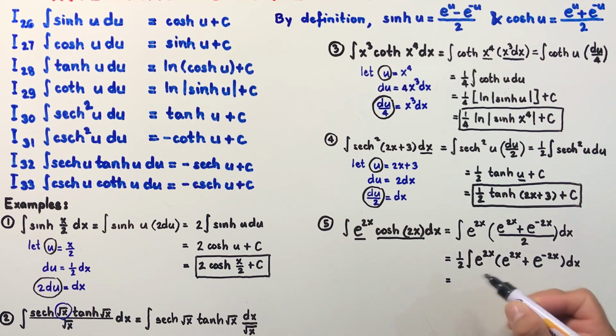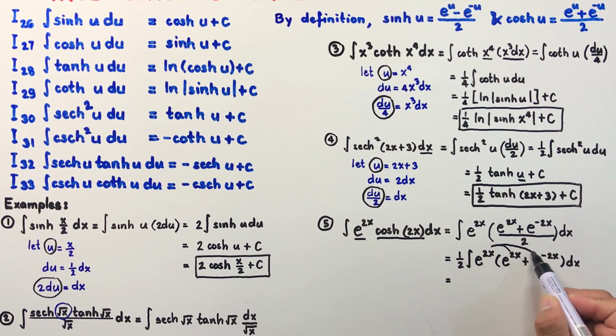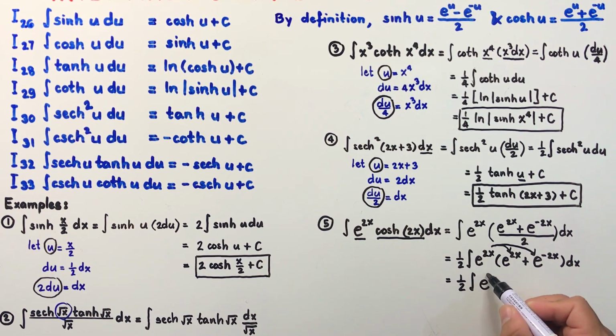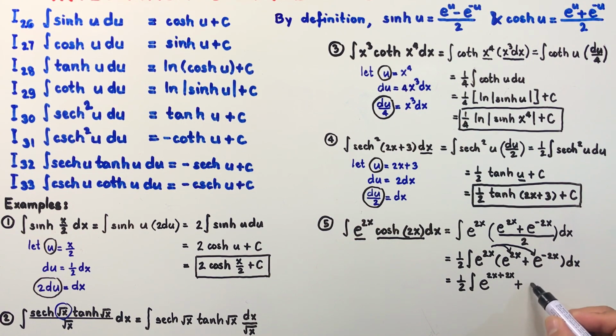And distributing our factor here to this binomial, we have 1/2 of the integral of e to the power 2x plus 2x, because when multiplying expressions of the same base, we just add the exponent. So this is also added to e to the power of 2x plus the negative 2x. And of course, there is a dx here.